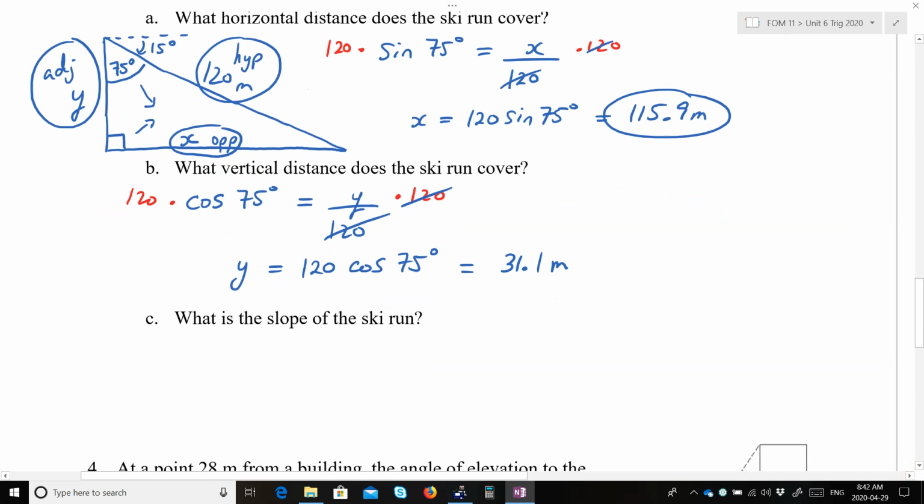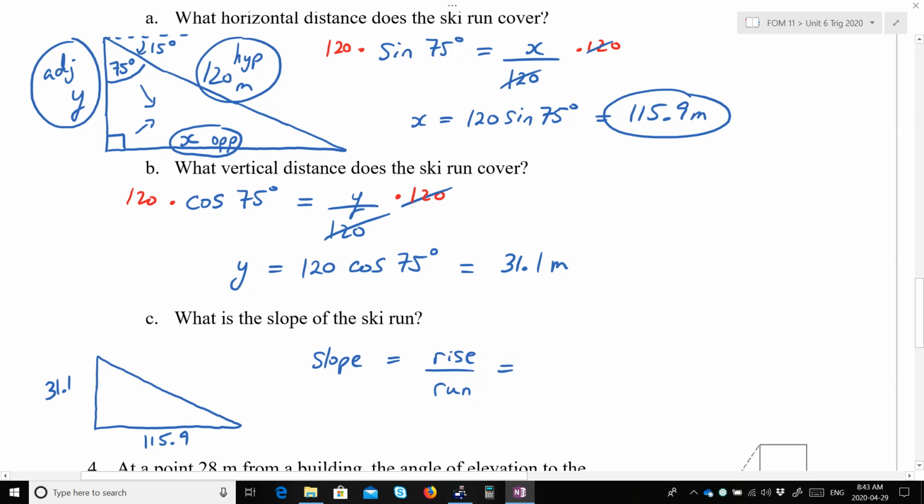Okay, and so what is the slope of the ski run? Here's the situation that we had, right? This is 31.1. The horizontal distance was 115.9. And remember the definition of slope. Slope is rise over run.